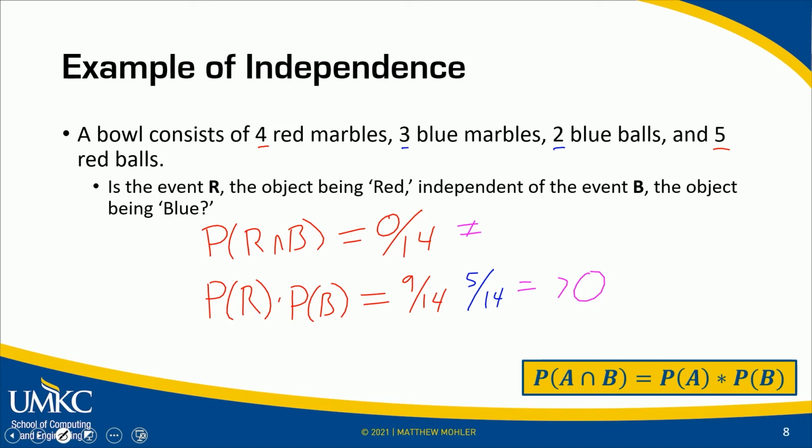So in this case, we've shown that these events are disjoint, right? That was from this part right here. But more importantly, we've shown again that they are not independent. And mutually exclusive events or disjoint events will never be independent.